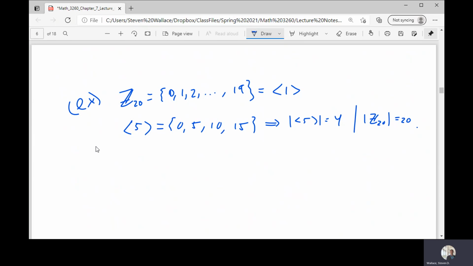Indeed, the number of distinct cosets of H here would be equal to 20 divided by the order of the subgroup, 4, which is 5, right?